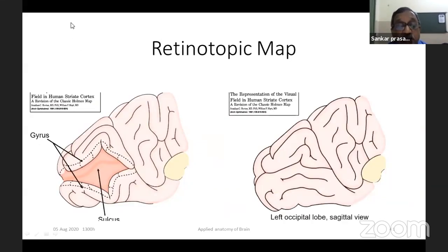And a retinotopic map will start picturizing now in the striate cortex.